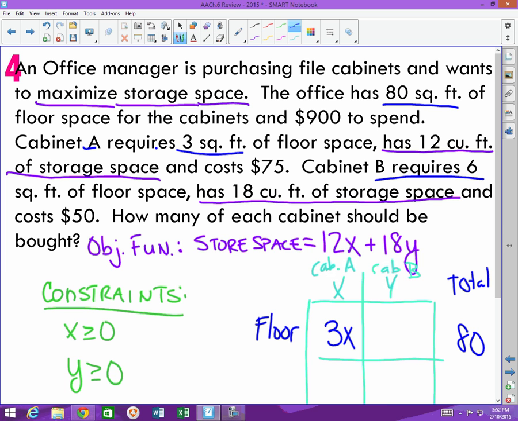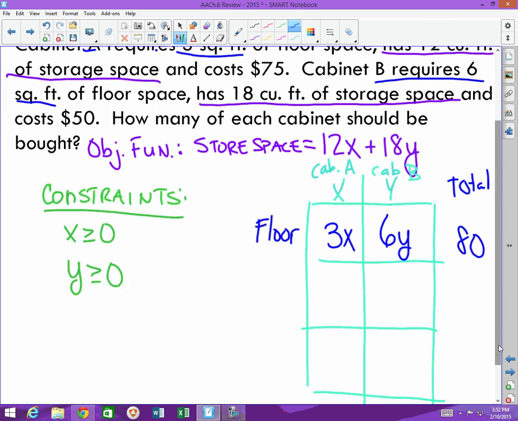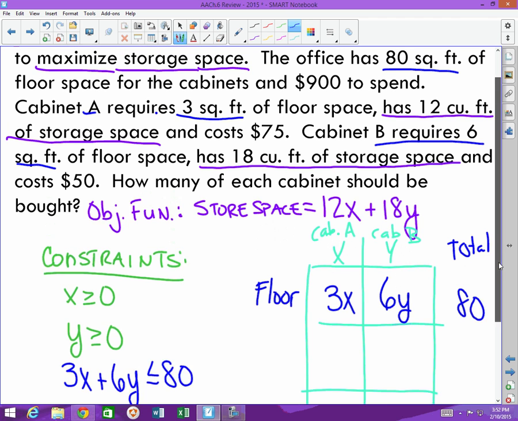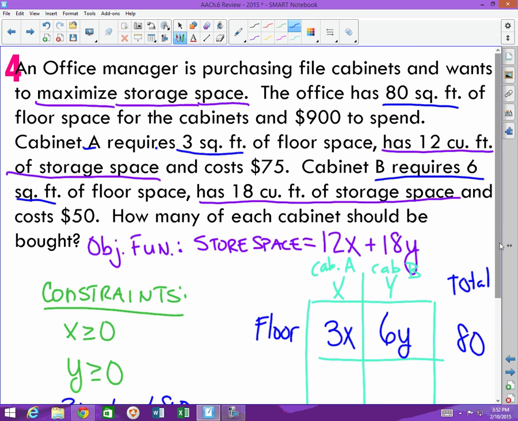Cabinet B requires 6 square feet, so that would be 6y. So our equation then would become 3x plus 6y has to be less than or equal to 80. Because you can have at most 80. You could have 79 if you wanted to.